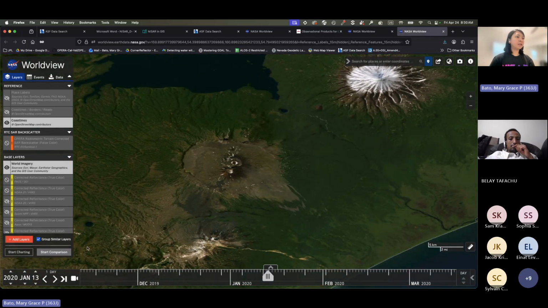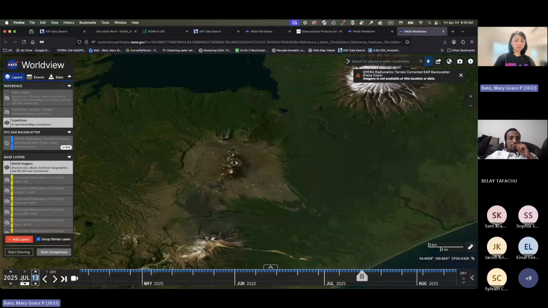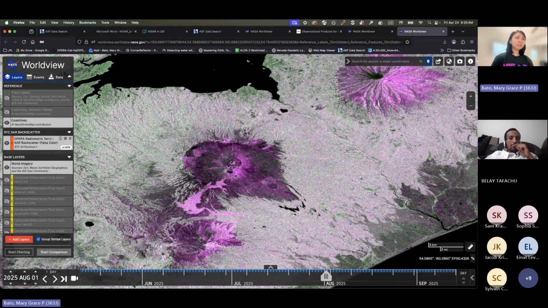If I go to around the eruption period, let's say it was 2025, in July, and then go to I think August 1 last year. Okay, you can see something like this.